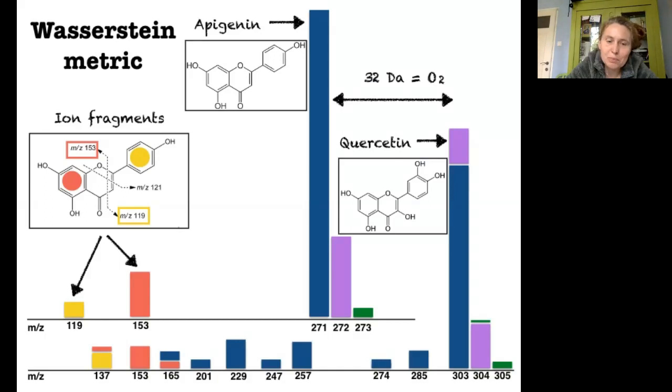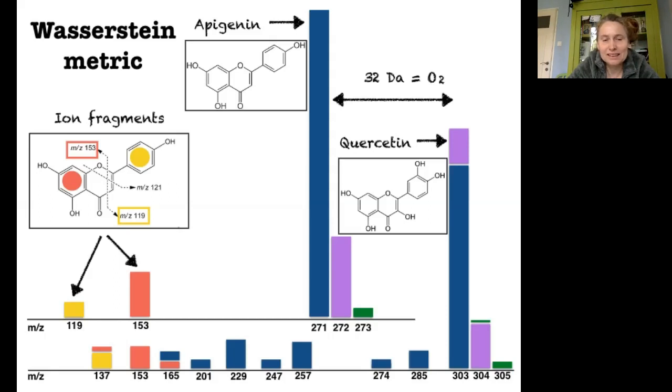This big blue peak from apigenin is smoothed through all the small peaks in quercetin and so on. The transport is optimal in the sense that it minimizes the work. It means the mass multiplied by the distance over which we have to move the mass.